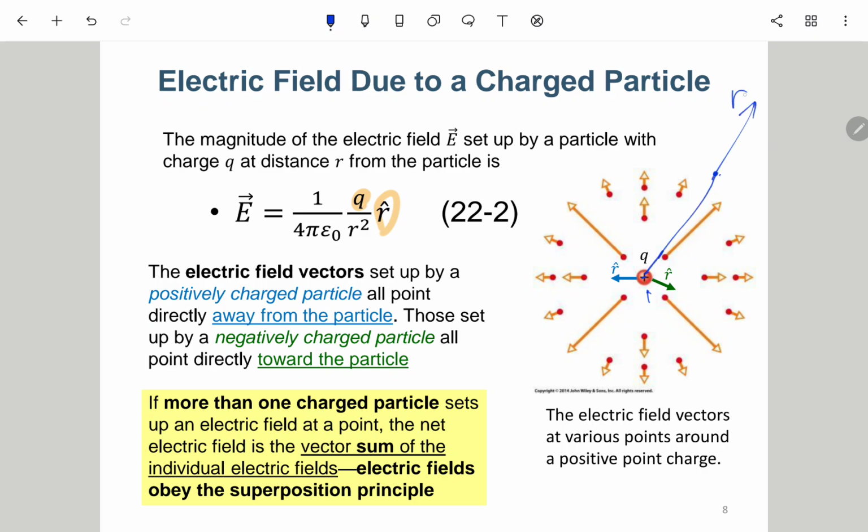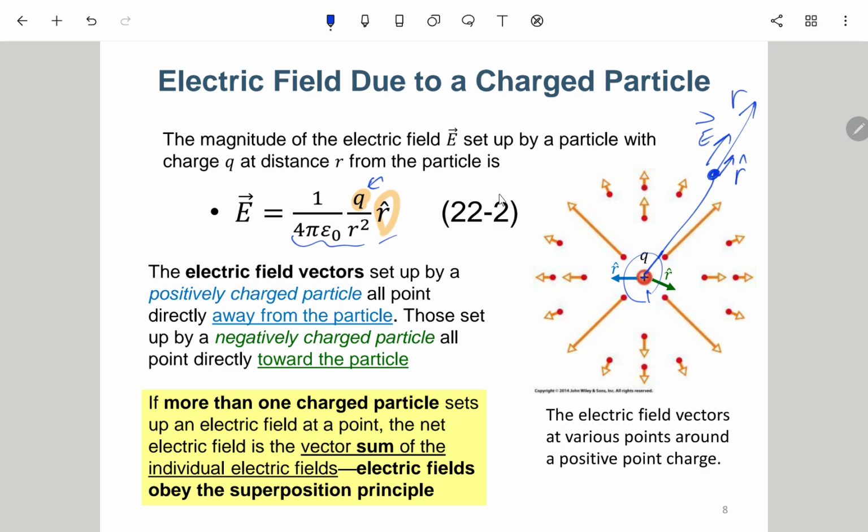So the direction of R is something like this, and the R hat points in that direction. If Q is positive, the other terms are also positive, so E points in the same direction as R hat. If Q is negative, then E and R hat point in opposite directions. In this case, Q is positive, so the E vector also points in the same direction.